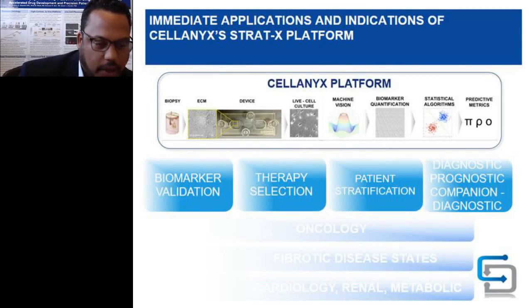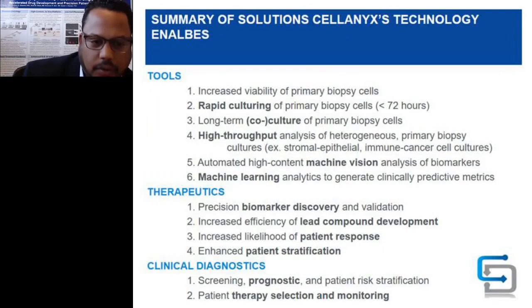So in summary, what I just wanted to emphasize is that it's the rapid culturing of these cells that makes things meaningful, both within the context of developing drugs as well as in the context of clinical diagnostics. Then certainly it's the versatility of being able to co-culture not just single cells, but different types of cells together, which aids in the ability to understand cell-to-cell interactions for those similar applications.